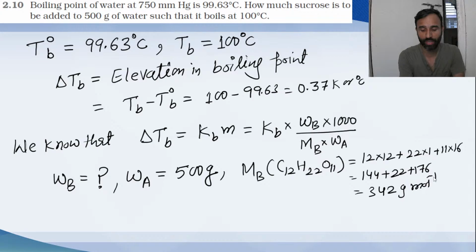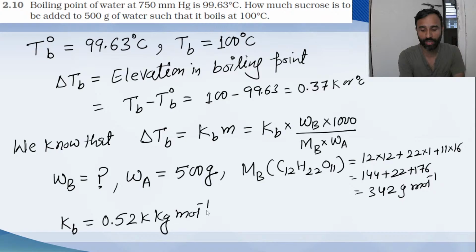This is MB. Now what is not given? KB. KB should be given to us. KB of water, it is generally known to us, KF and KB. Okay, otherwise you can note it down. Okay, KB of water. So KB of water is 0.52 Kelvin kg per mole.